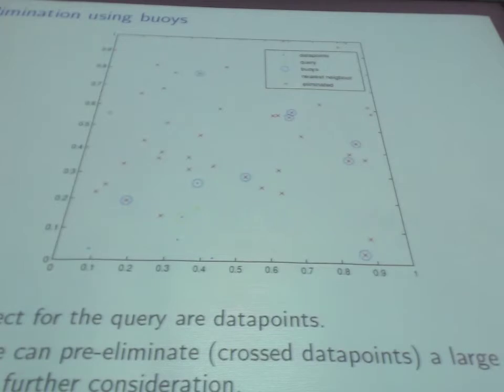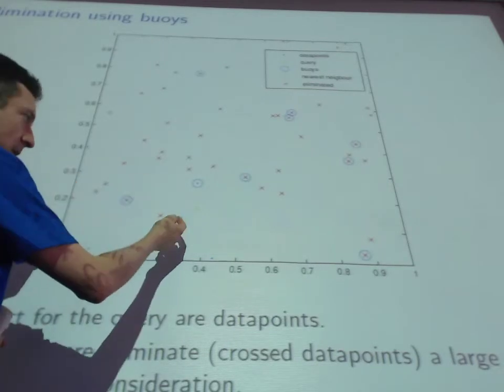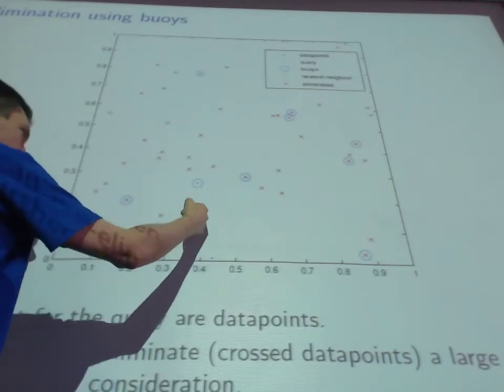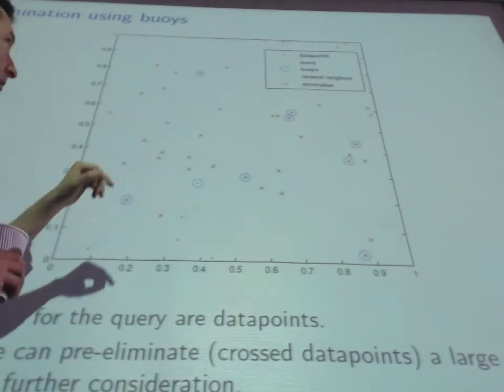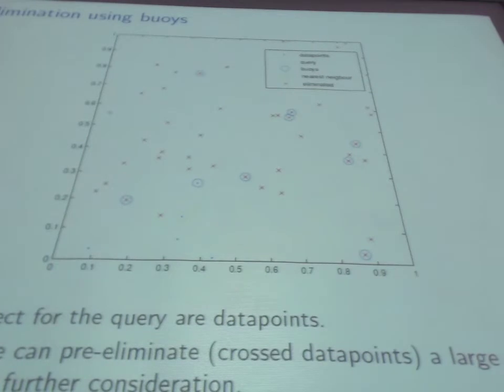Okay, based upon my distance from my query, based upon that upper and lower bound, I can then eliminate immediately some data points. And in this case, all the red crosses are points which can be eliminated from that initial pre-elimination stage.